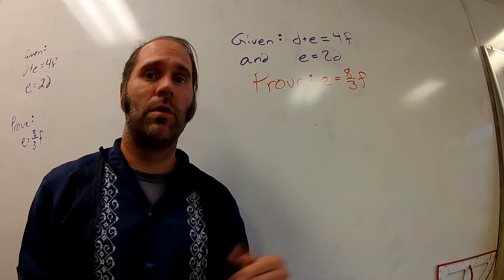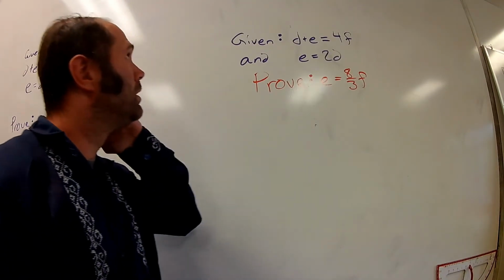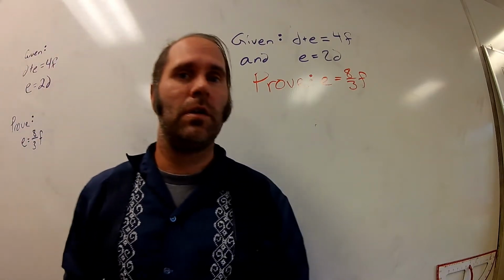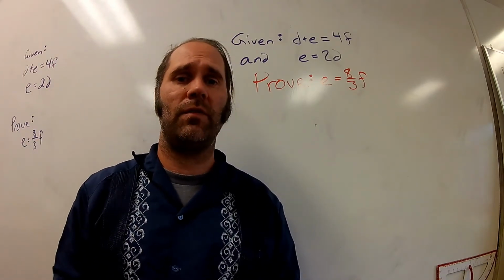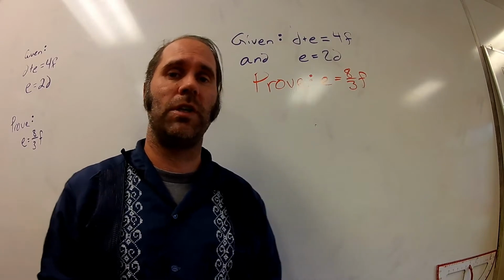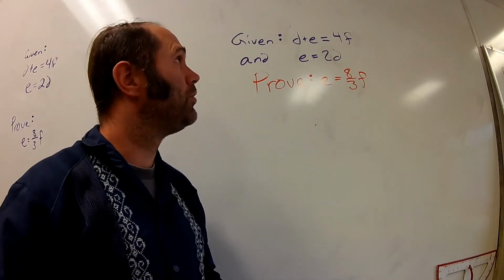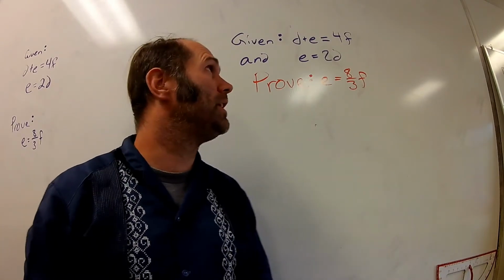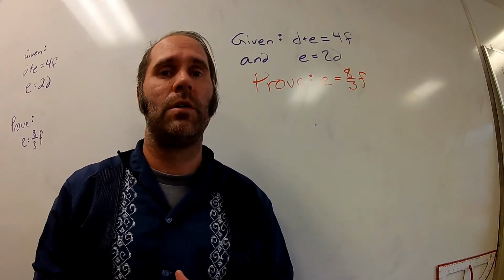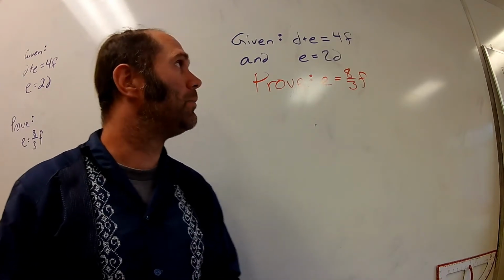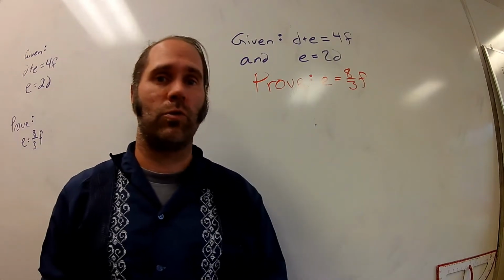So here we have some given information. Whenever you're given information, you have to assume that that information is true. So we are assuming that D plus E equals 4F. We have to believe that that is true.